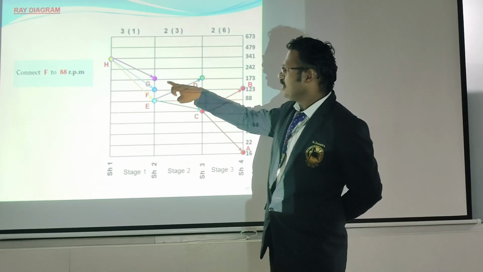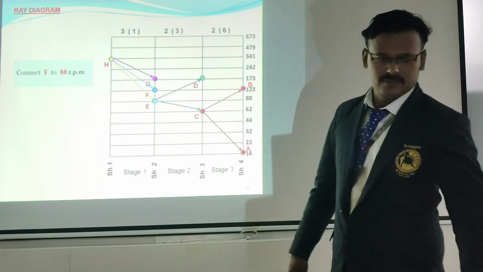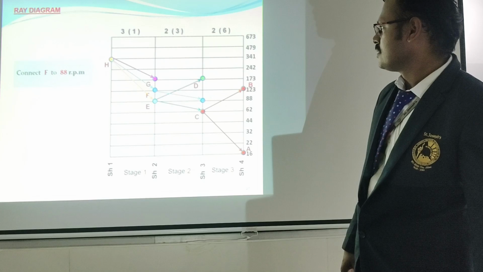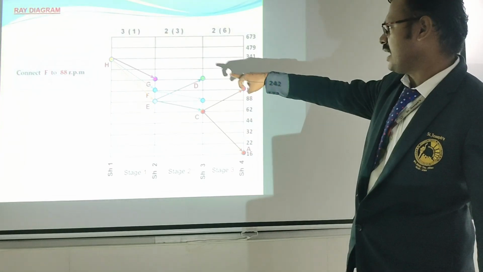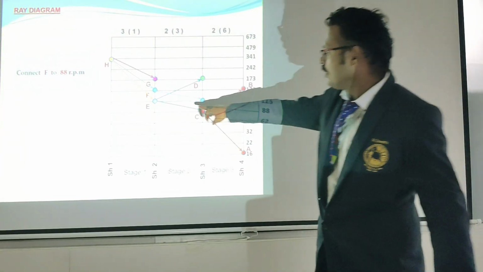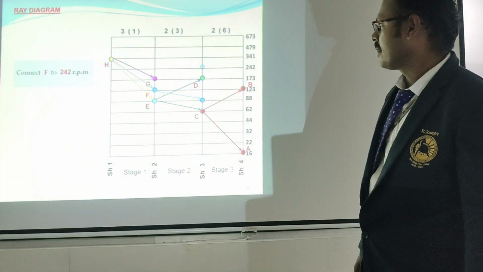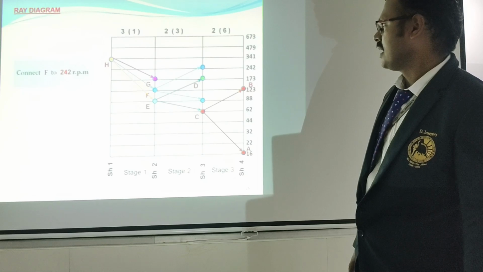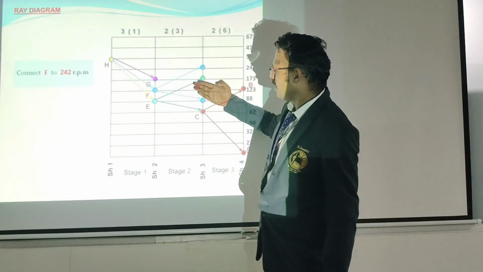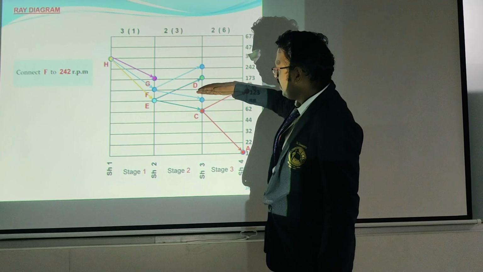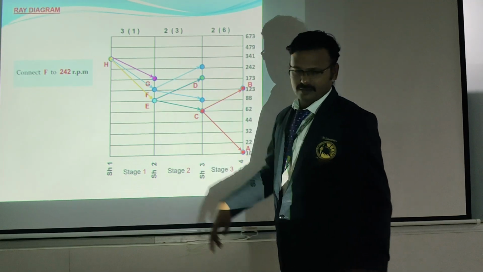Parallel to ED, we need to draw another line. So parallel to EC, I have drawn one line. Then parallel to ED, I have to draw another line here. Like that, we need to draw another parallel line here, another parallel line here.